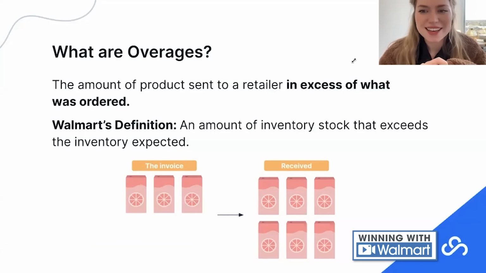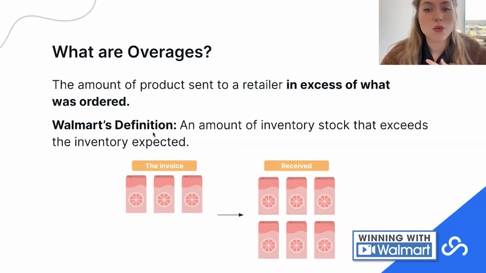And unlike other retailers, Walmart will not send you an invoice or give you money for any excess product. They'll just be like, hey, this is free product that you have sent me because I didn't order it. That's what we would consider an overage in regards to Walmart.